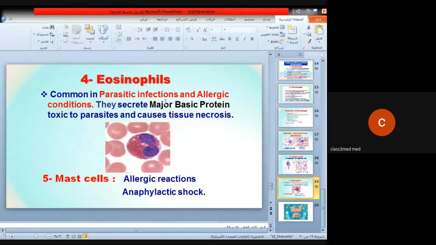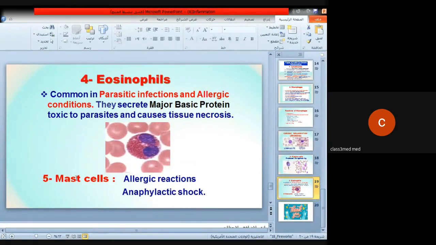They secrete major basic protein, a toxic protein killing the parasite and at the same time causing tissue necrosis or tissue destruction. This is the function of eosinophils. You see the eosinophil has a bilobed nucleus and abundant eosinophilic granules, red granules.